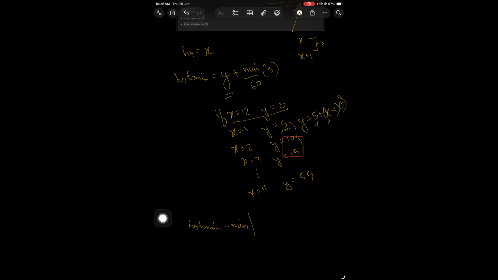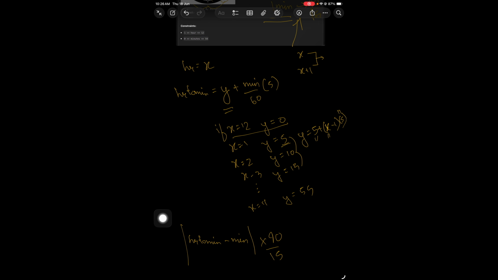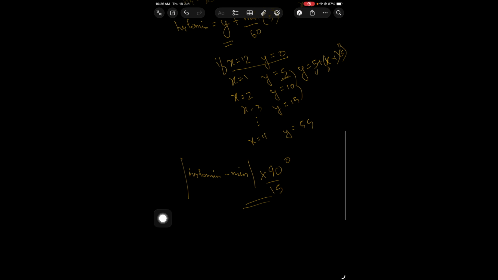I will take their absolute gap and multiply it with 90 by 15, because a 1 minute gap represents 90 by 15 degrees. So hour to minute minus minute will represent this many degrees. And I will do one more thing. If I call this t, I will take the minimum of 360 minus t and t.